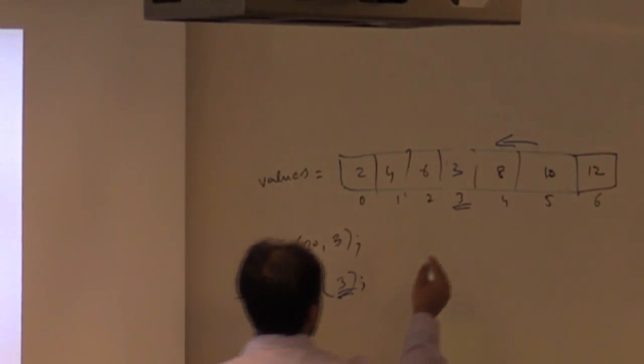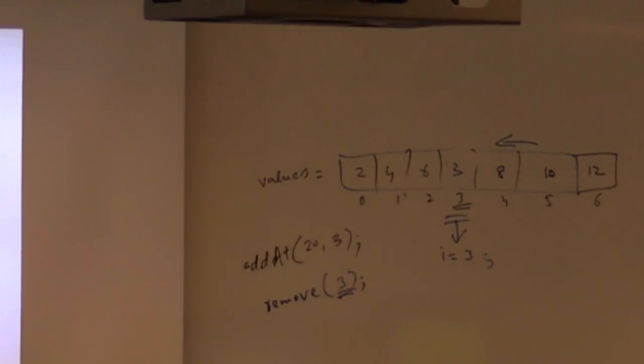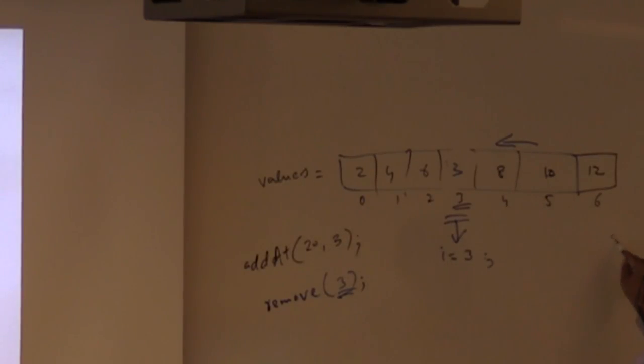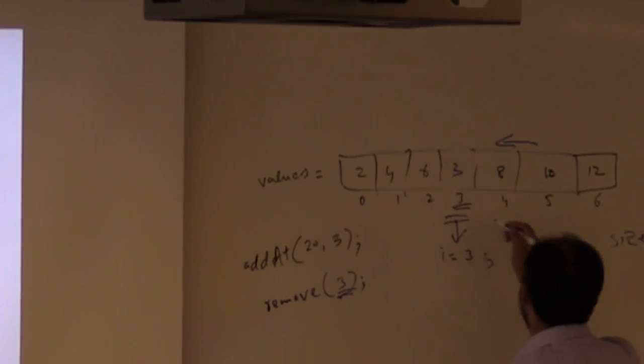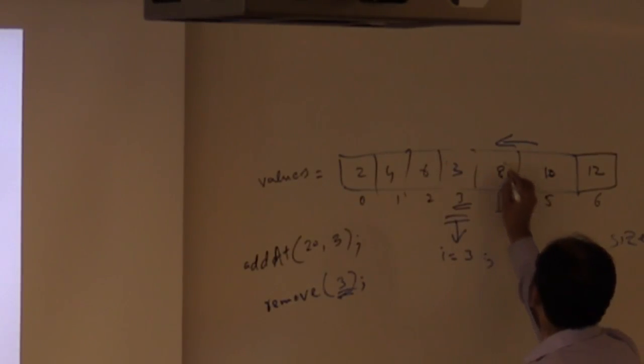So I becomes 3, and then we have the loop which should run until the size of the array, and the size in this case is 7. And here what we do, we say that values[i] should be equal to values[i + 1], because we want the value at index i + 1 to move here.